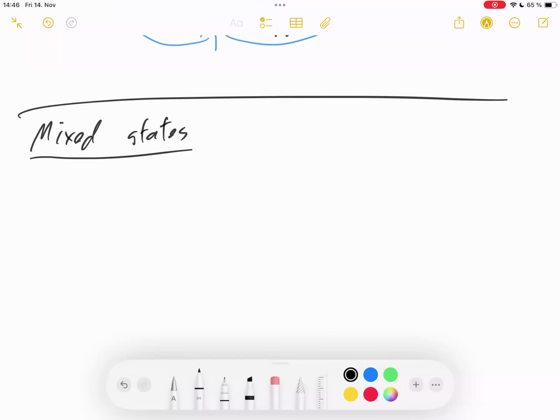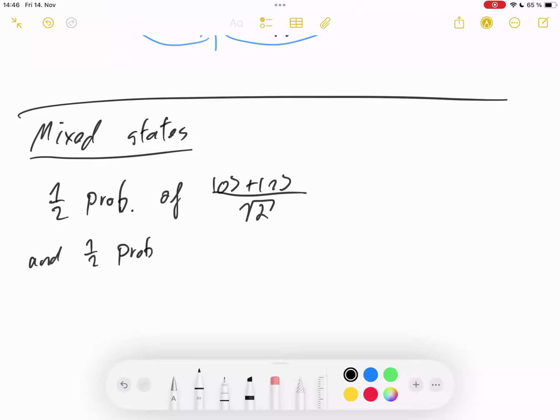So one example of a mixed state could be that we have a half probability of 0 ket plus 1 ket divided by the square root of 2, and a half probability of 0 ket minus 1 ket divided by the square root of 2. So we would have a statistical ensemble of these pure states. We will first see how we can describe this, and later we will see what this is actually useful for.